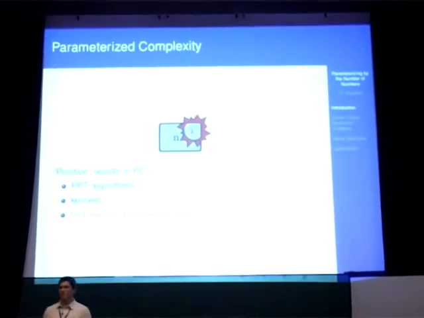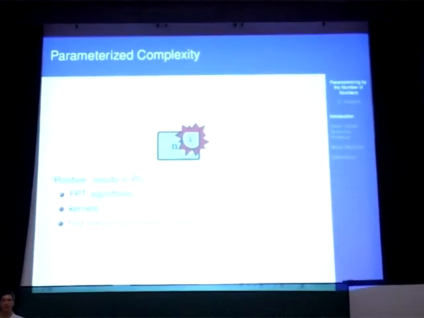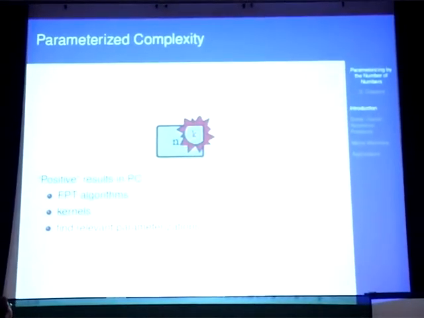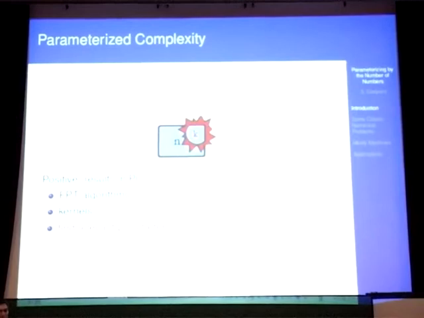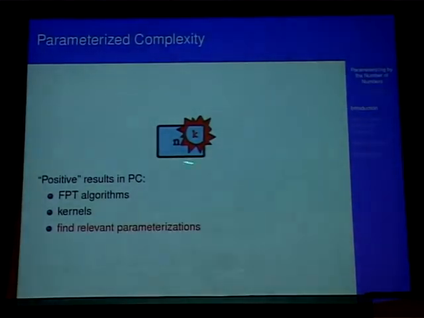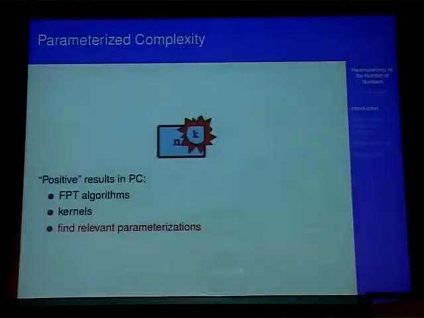For what parameters does the problem become tractable? In the field of parameterized complexity, all positive results can be related to this picture. FPT algorithms confine the combinatorial explosion and you want it to be small in K. K is the parameter.